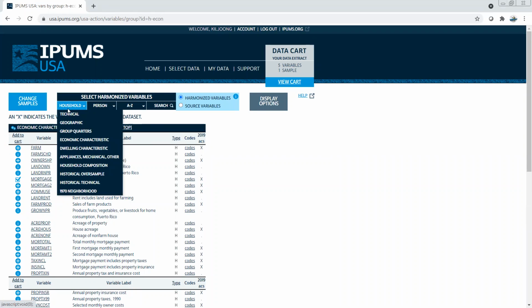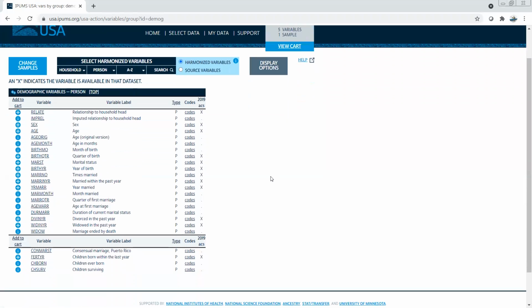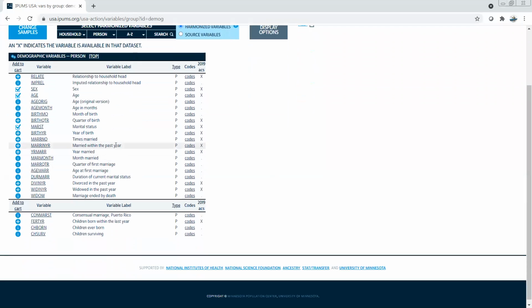And then once you go over to person's level, the ones that we often get as basic information are things like sex, age, and then they have not just marital status, but you can also look at whether someone was married within a year, whether someone divorced within a year or became widowed within a year.